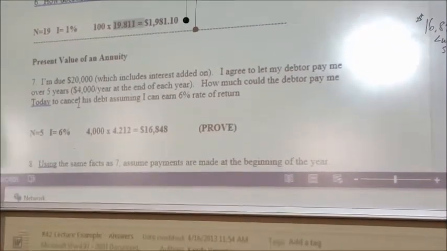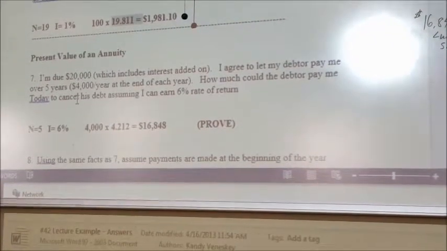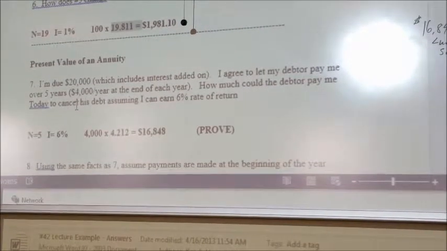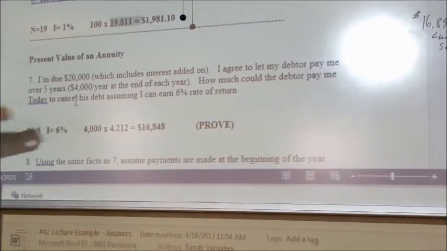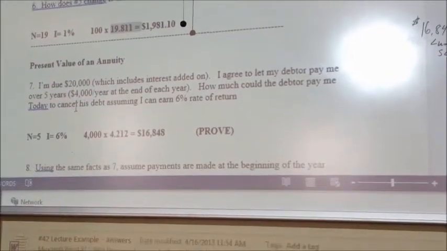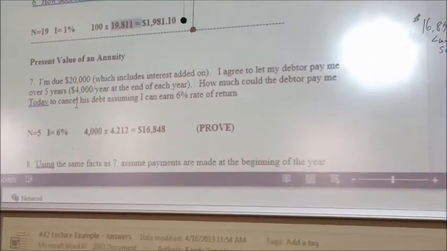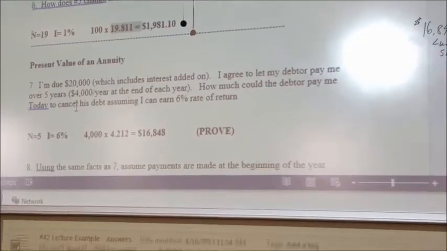When number 8 says that the payments are to be made at the beginning of the year instead of at the end, now we've got to do a little bit of change to our charts.